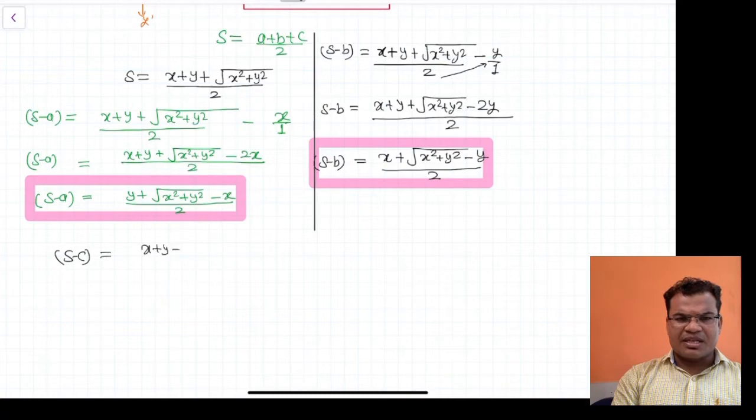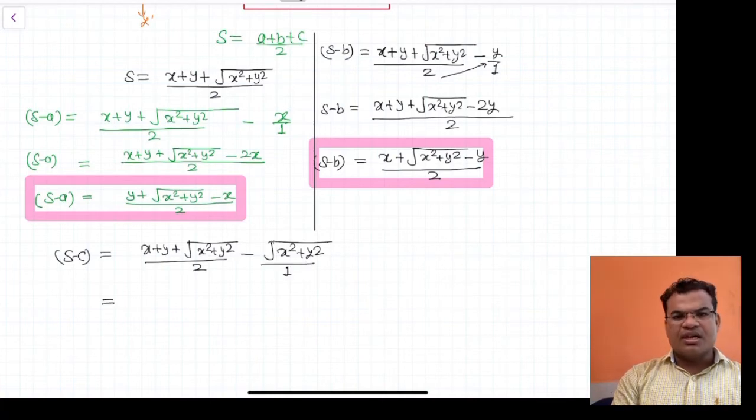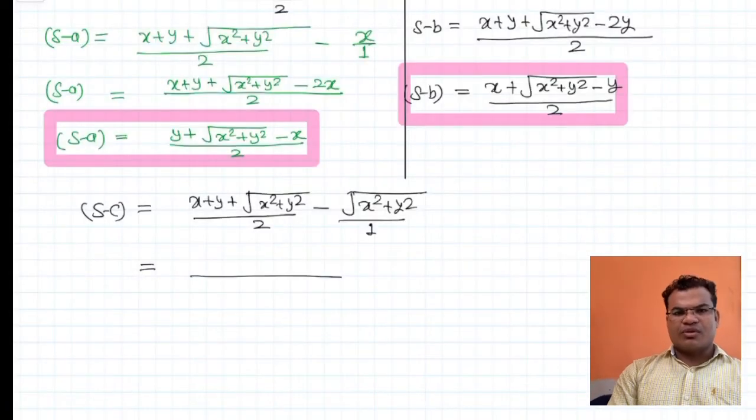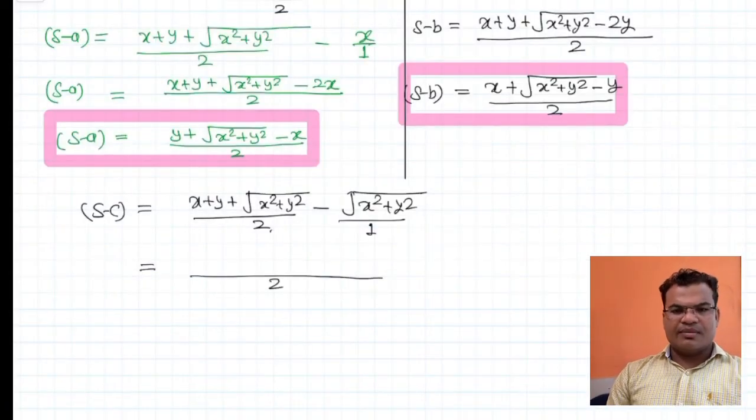So s minus c, s is x plus y plus under root x square plus y square, a whole upon 2, minus c, which is under root x square plus y square. So under root x square plus y square upon 1, taking LCM, 2 will multiply with under root x square plus y square. So LCM is 2.